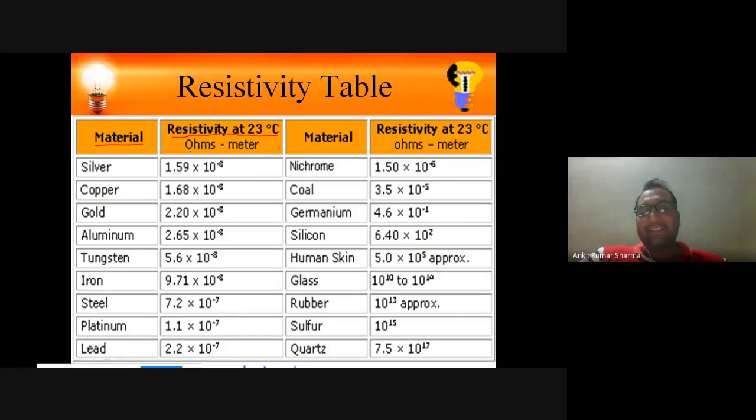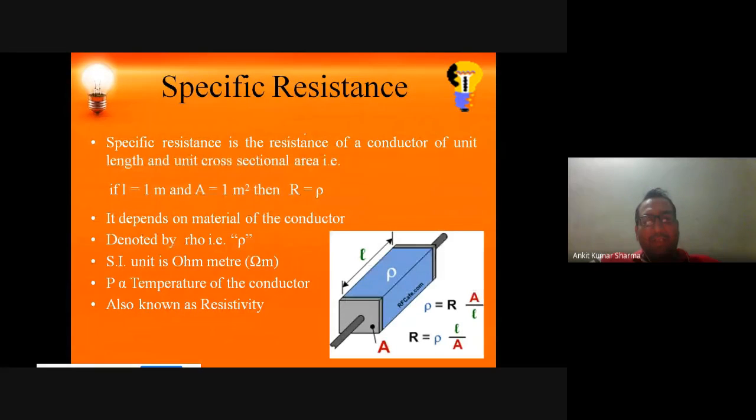The value of resistivity is given in ohm meter. We all know that resistivity depends upon the material of the conductor. We already discussed this factor.